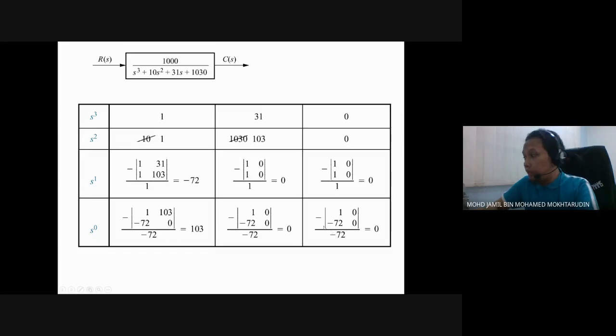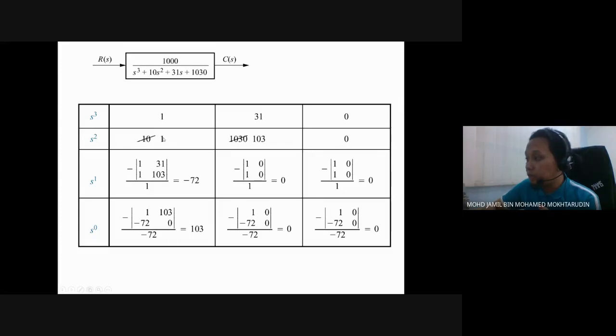So after you completely fill the Routh-Hurwitz table, then you need to look at the first column and see how many sign changes in the first column. So here, from S cubed to S squared, there is no sign change, meaning that positive to positive, no sign change. Then we look at the S squared to S1.